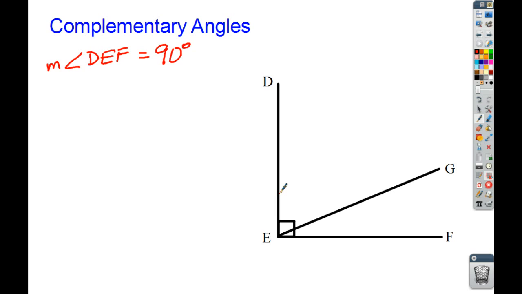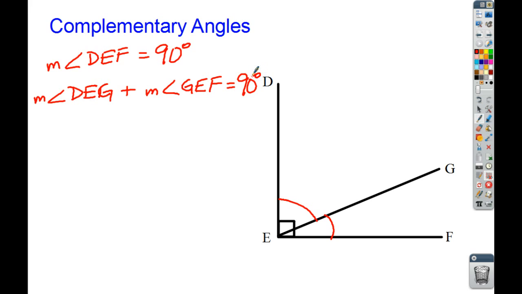And what I can say is, the measure of angle DEG, this one here, plus the measure of angle GEF, this one, together, that's going to equal 90 degrees also, okay, because those two angles are split.